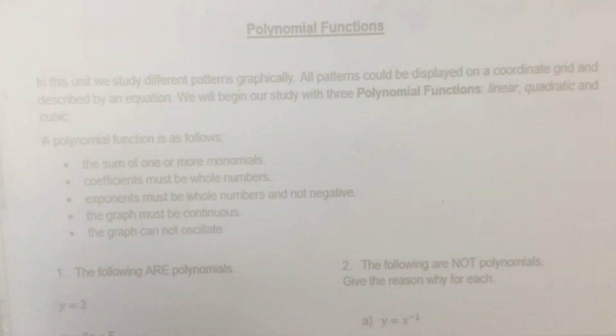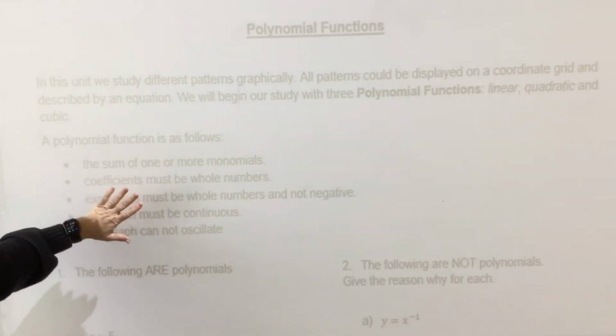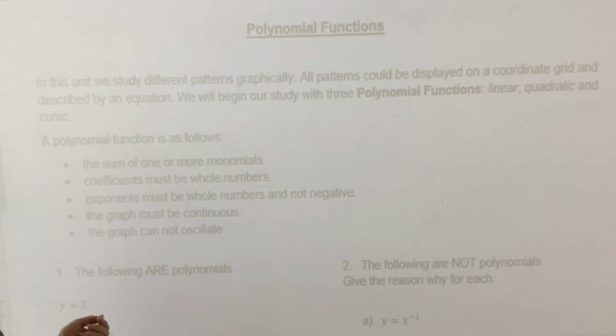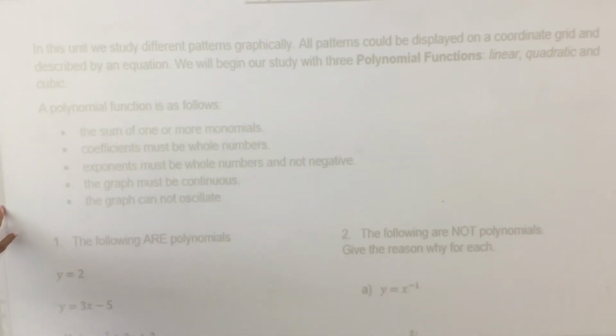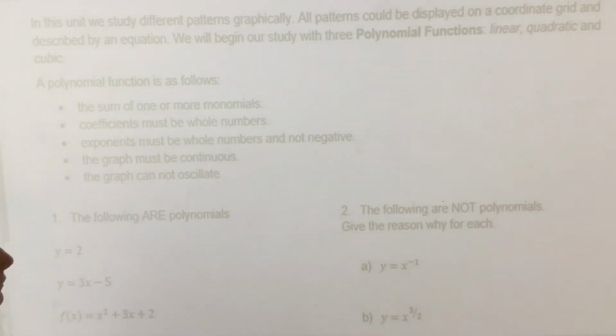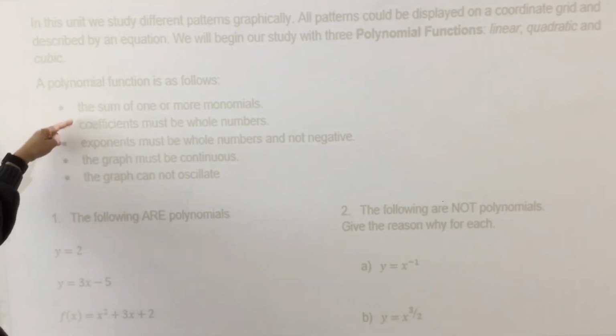All right, so we're going to tackle the equations first. And so the page in your notes has this in it. This isn't in your book. It talks about polynomial functions and how do you know it's a polynomial? So that's the first thing we want to tackle. From the equation, we're going to start with why is it a polynomial? So you have some bullet points up at the top.